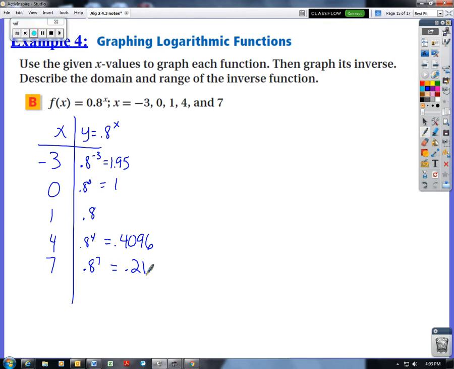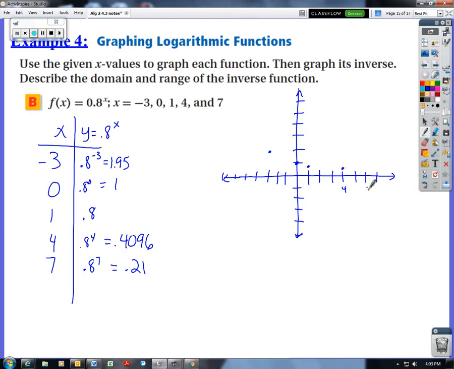Great. Now let's graph that. We've got some pretty small numbers we're dealing with. Interesting. Okay, we've got the point negative 3, 1, 2, 3, and up about almost 2. 0, 1. 1, 0.8, it's about there. 4, 1, 2, 3, here's 4. 4 is about a little lower than a half.